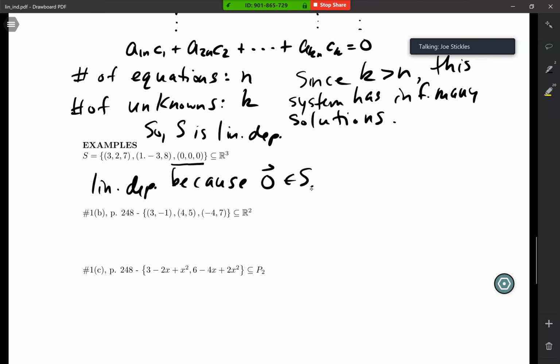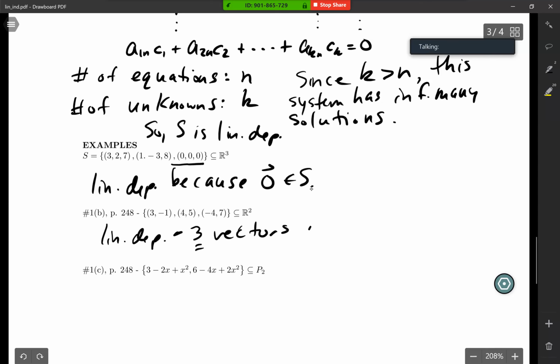How many components does each vector have? 2. Good. And how many vectors are in my set? 3. So what does that tell you? Linearly dependent. Good. This one tells you it's linearly dependent by the previous theorem, right? It's a set of 3 vectors in R2.